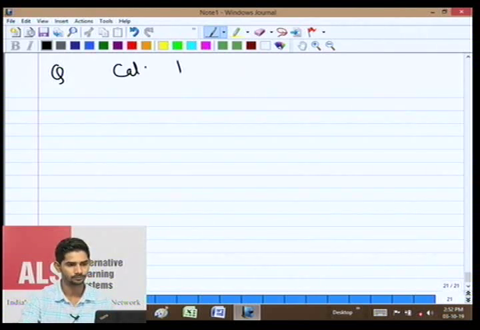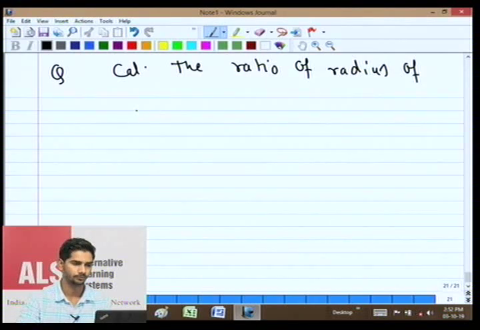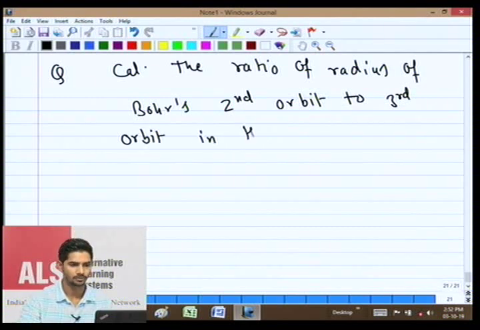Calculate the ratio of radius of Bohr's second orbit to third orbit in hydrogen atom.